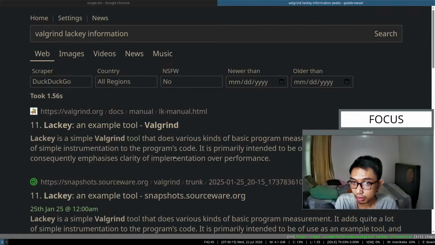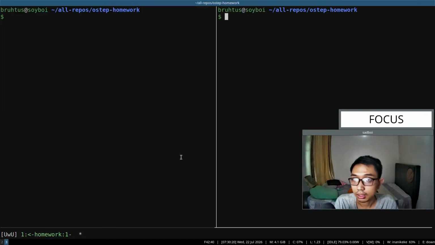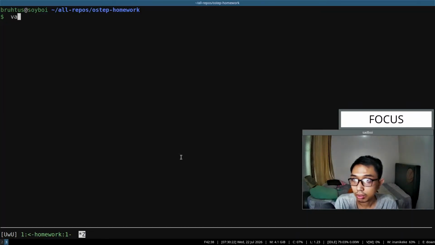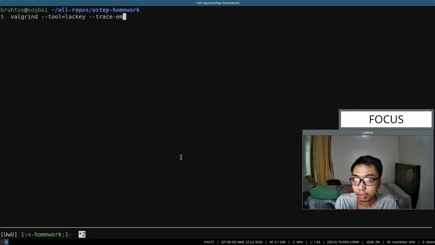Yeah, I'm not sure how to read the data from Lackey here. Let me show an example, I guess. --tool=lackey --trace-mem=yes.